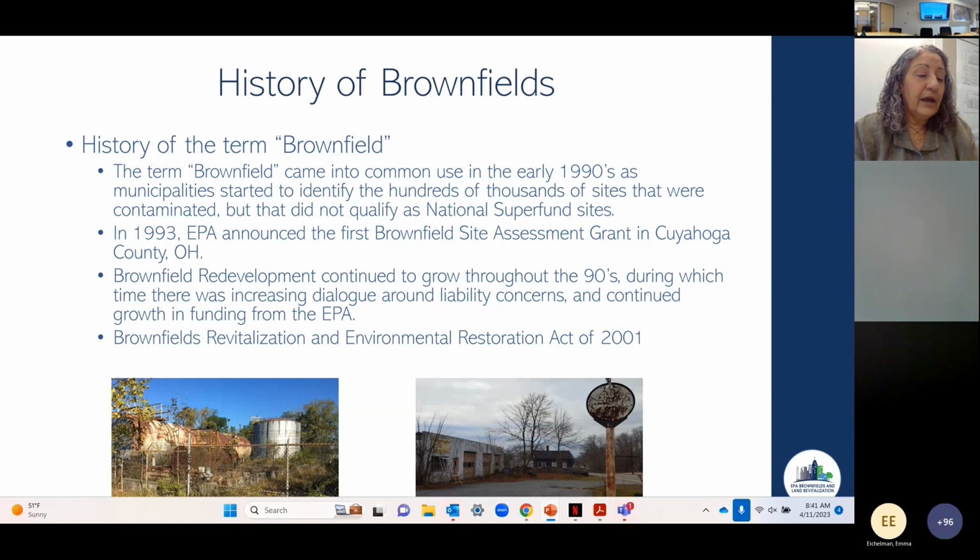And therefore, EPA stepped in first to create some grants to help assess potentially contaminated sites, and later through the Brownfields Revitalization and Environmental Restoration Act of 2001, create some liability protections, a framework for innocent purchasers, and significantly increased funding for brownfields.